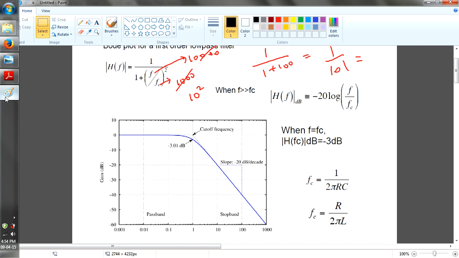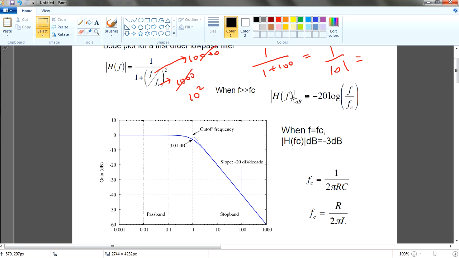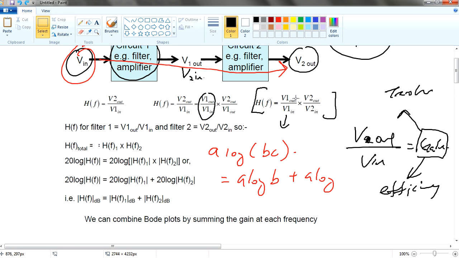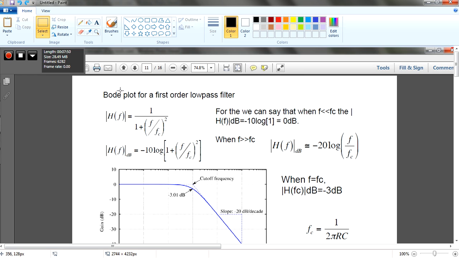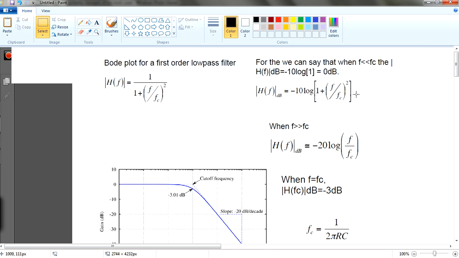So previously we talked about all this. This negative 10 log, for some conditions, if your cutoff frequency is much more than your input frequency, this formula takes on this portion over here, up till the cutoff frequency.